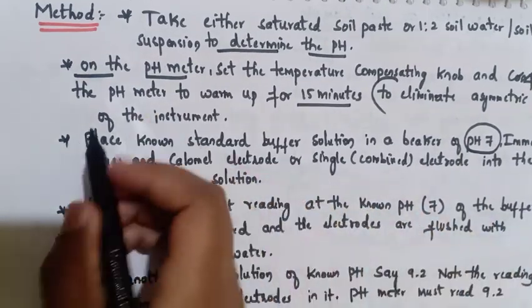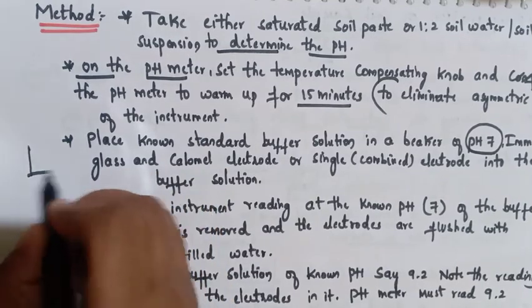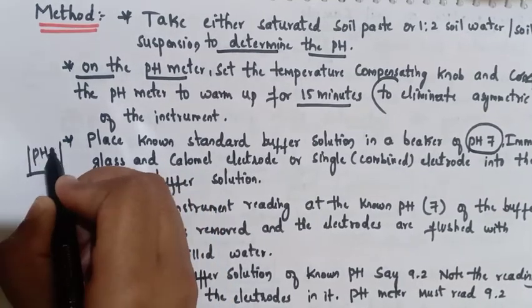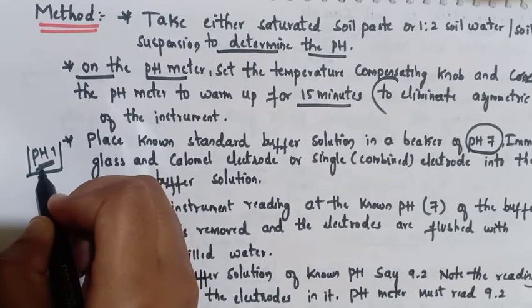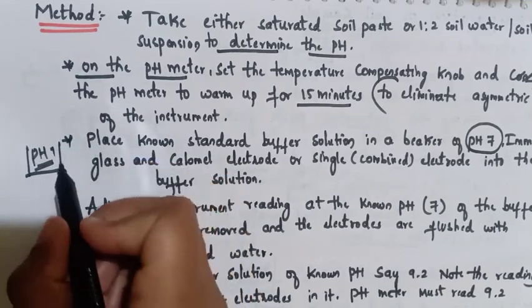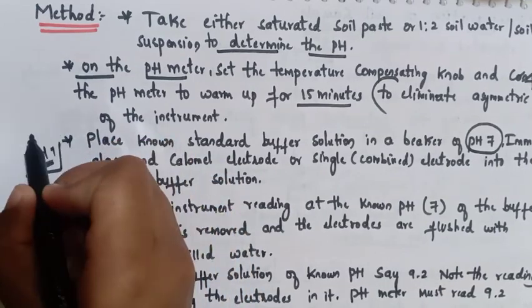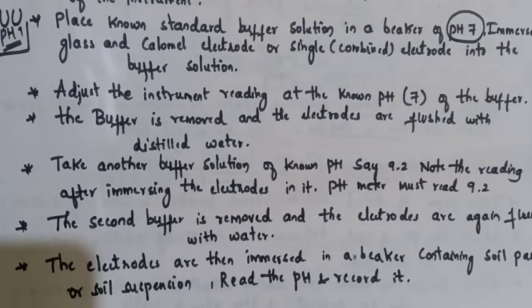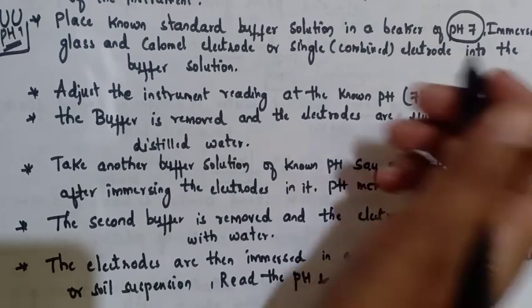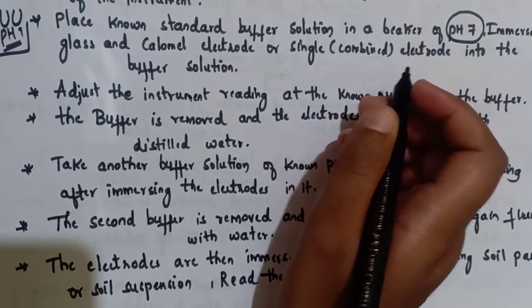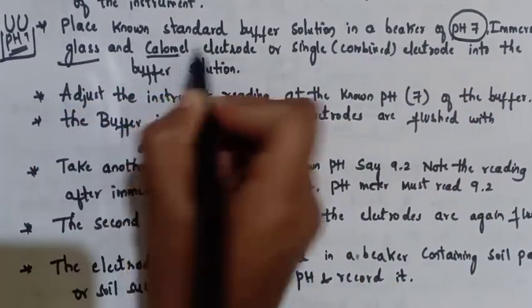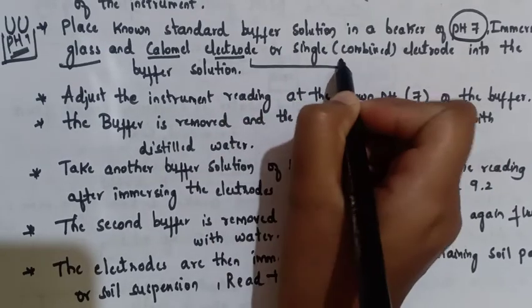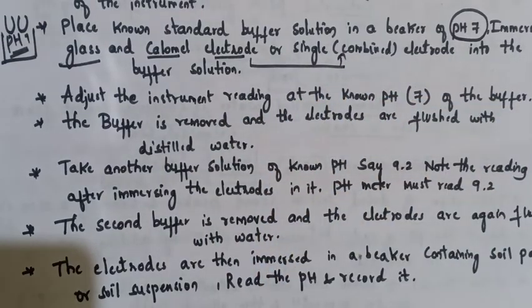Now see here, in the beaker we are taking pH 7 standard buffer solution. Then we are immersing glass and calomel electrode. Or we can immerse a single combined electrode in which there is a glass and calomel electrode in a single electrode, that is combined electrode.